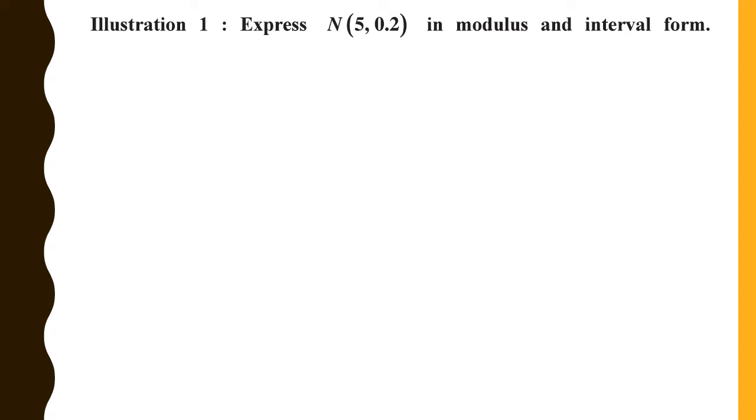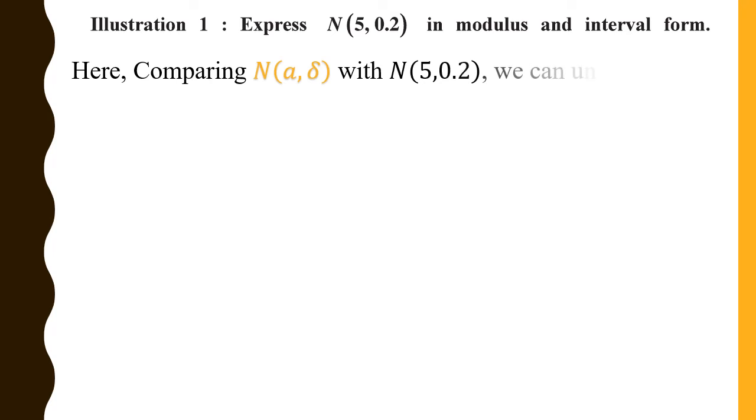Illustration 1. Express N(5, 0.2) in modulus and interval forms. When we compare the neighborhood form N(a, delta) with the given value N(5, 0.2), we can understand that a is equal to 5 and delta is equal to 0.2. We are just comparing the forms and getting the values of our constants.